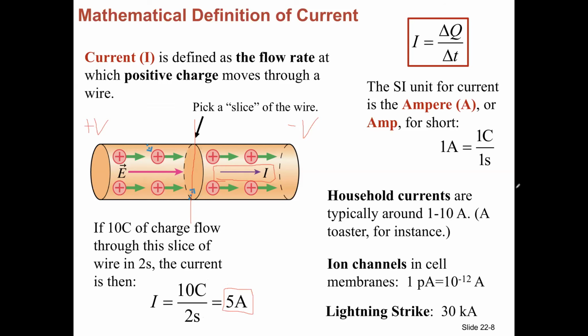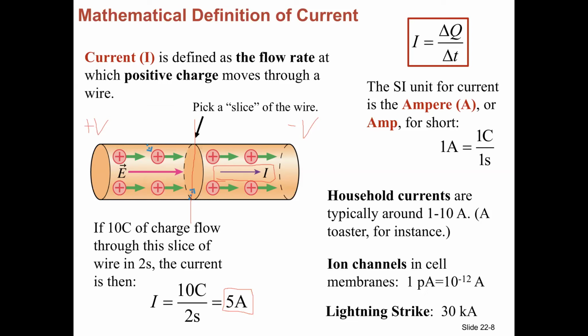To give you an idea of what these units mean, most household devices, and here I mean things like toasters, hair dryers, what you would call stupid devices, not phones or computers, typically use currents of around 1 to 10 amps.